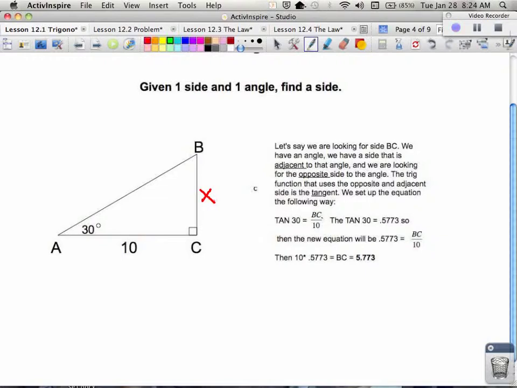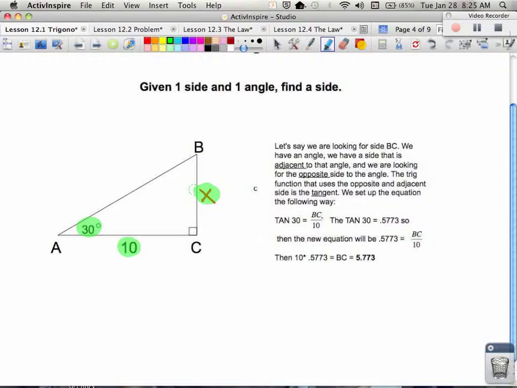So I see that I'm given an angle of 30 degrees. Let me highlight instead of underline, sorry. I'm given this angle of 30 degrees. I'm also given the side that's adjacent to it, but I'm looking for the side that's opposite to it.